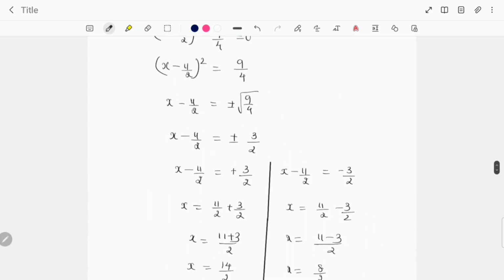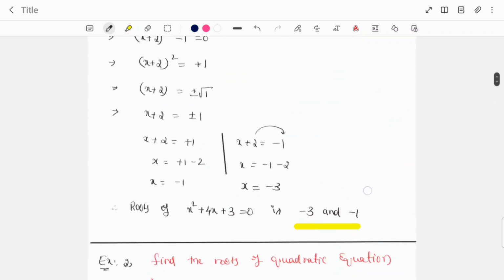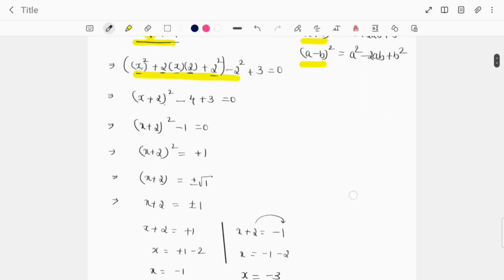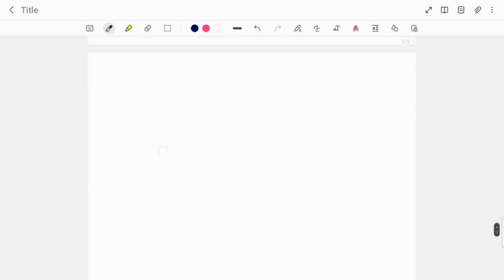So this is how, children, if they give one quadratic equation, you find the roots by using the completing square method. Now we are going to discuss the third method, by using the quadratic formula.